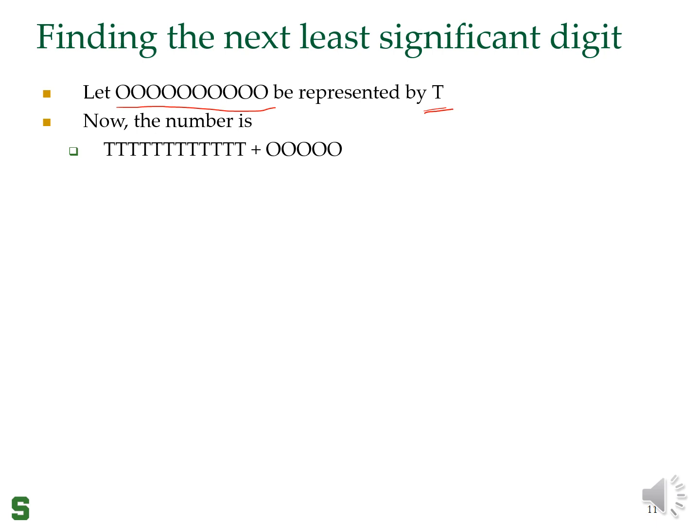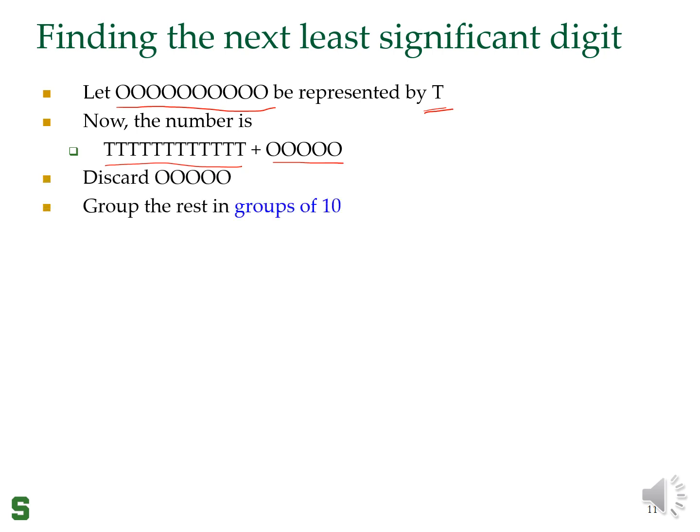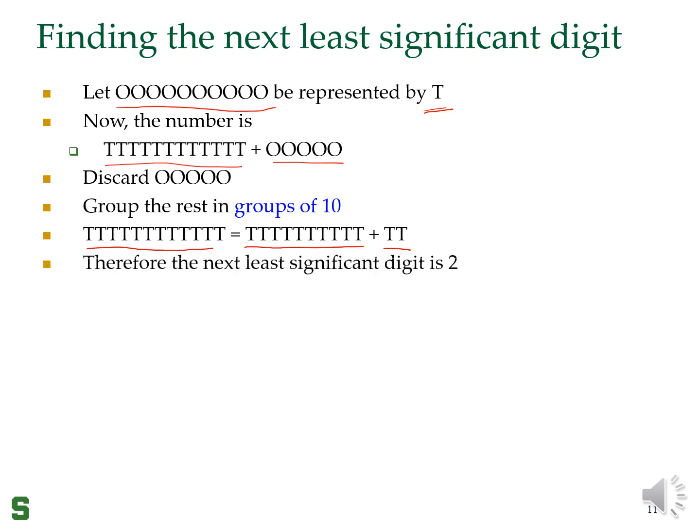Here I have 12 of these T's and 5 of these O's. We are going to discard the O's and group the rest in groups of 10. So these 12 T's are the same as one group of 10 plus 2 that is left. Beautiful. That means our next significant digit is 2.